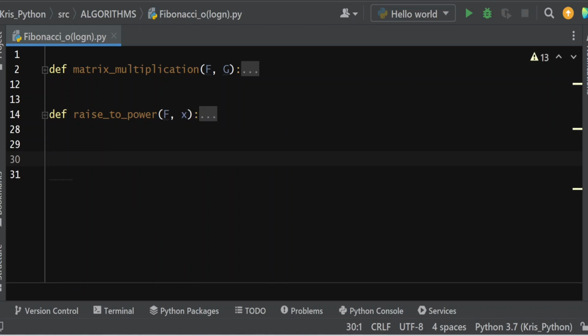Let's create a method to actually calculate the nth Fibonacci number.